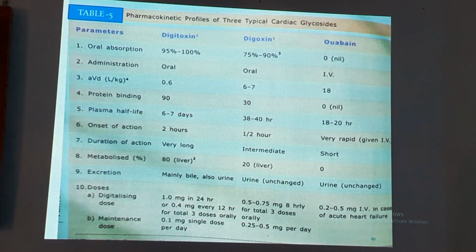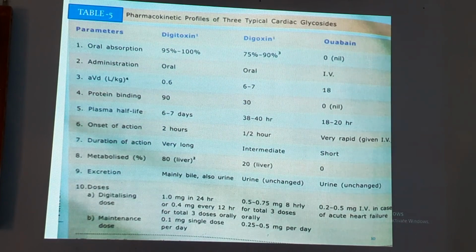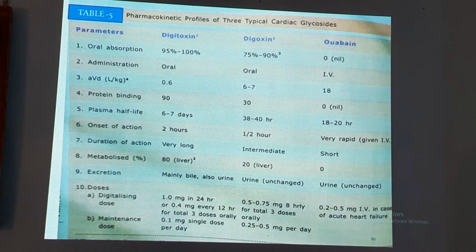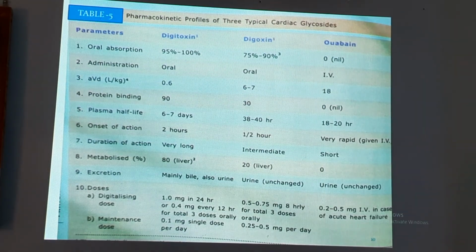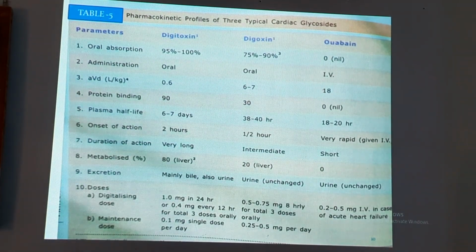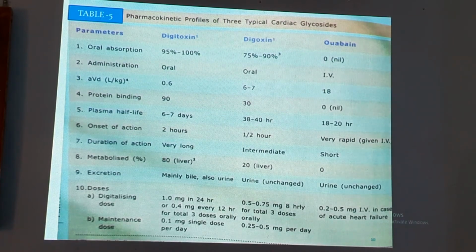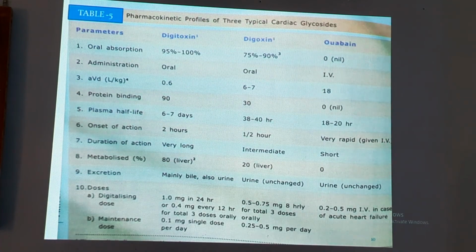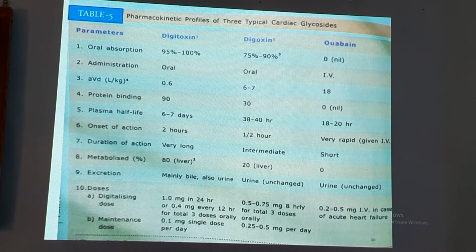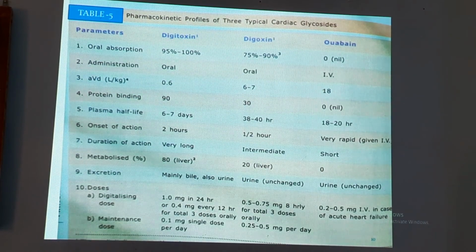Oral absorption: digitoxin is 95 to 100%, while digoxin is 75 to 90%, and ouabain is approximately 0, that is nil. Administration: oral route in the case of digitoxin, digoxin is also oral, while ouabain is given intravenously. Apparent volume of distribution.